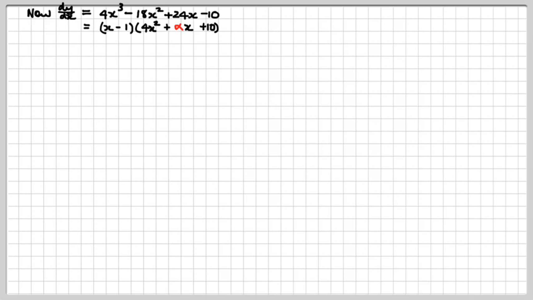Now, I'm using my little alpha technique here because I know that the 4x cubed, the leading term, has to come from the front terms in these brackets. So that has to be 4x squared. Otherwise, you wouldn't get 4x cubed here. Similarly, this one here has to be plus 10 because plus 10 times minus 1, the trailing terms, gives you the trailing term here, which gets you to minus 10.